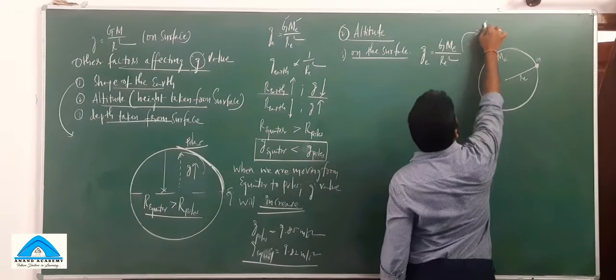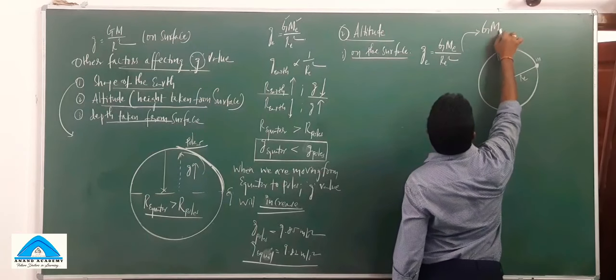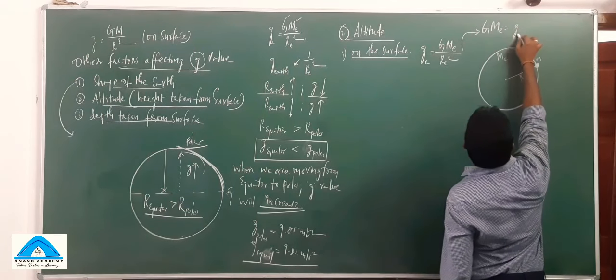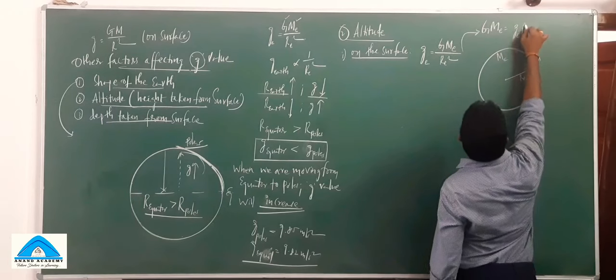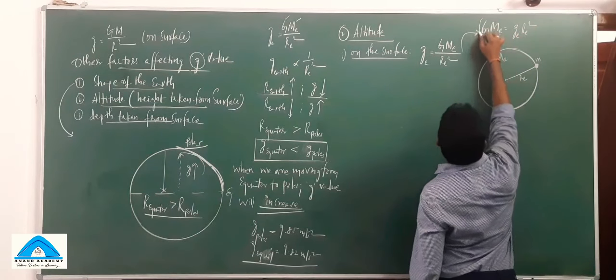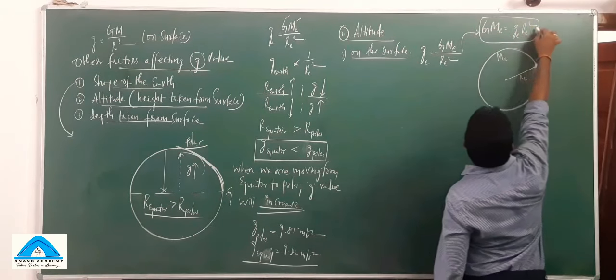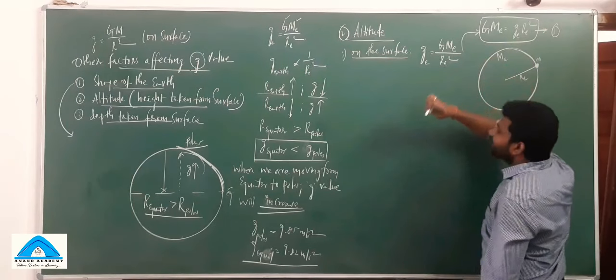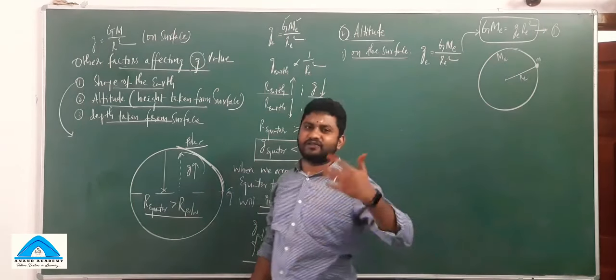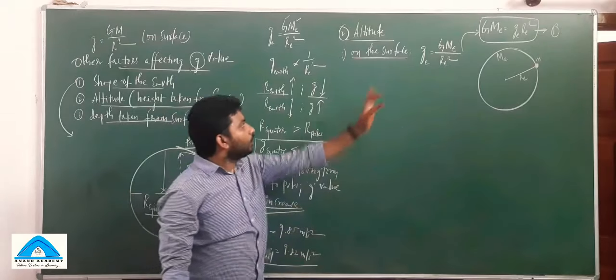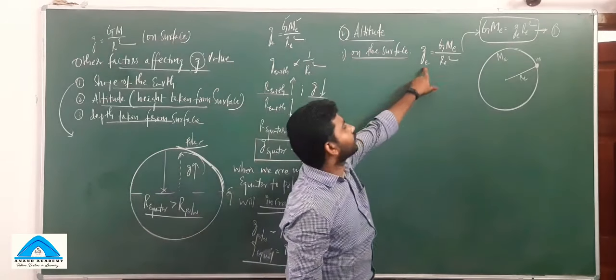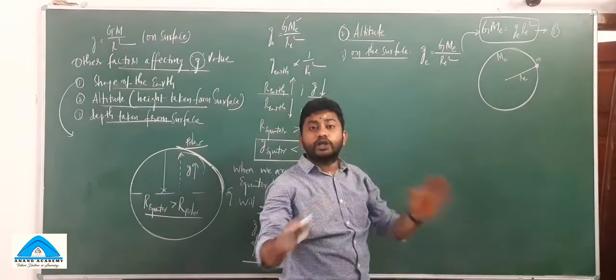This can be written as G into M suffix E is equal to small g E into R E square. Can I write like this? Imagine it is equation 1. So why I am writing like this, you will understand it later. Just wait for a moment. Okay, so this is acceleration due to gravity on the surface of the earth, which you already know.